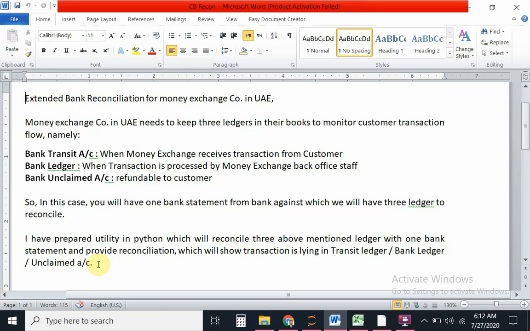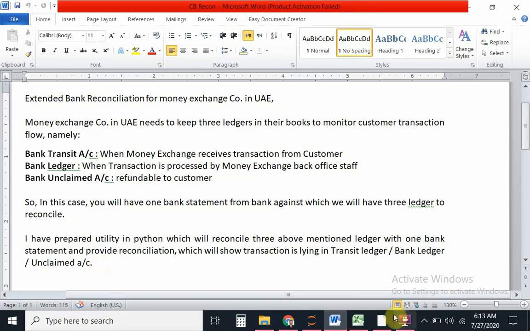That is, one bank reconciliation will be reconciled three times. Let's say if you have 20 banks, multiplied by 3, so 60 reconciliations should be done. Only then will you be able to trace out the transaction of the customer, whether it is lying in transit, in unclaimed, or in the ledgers.